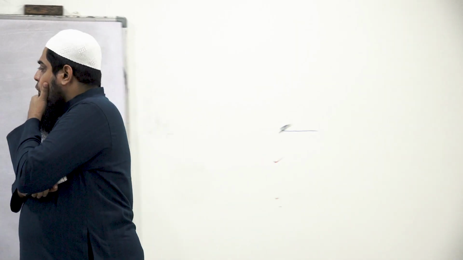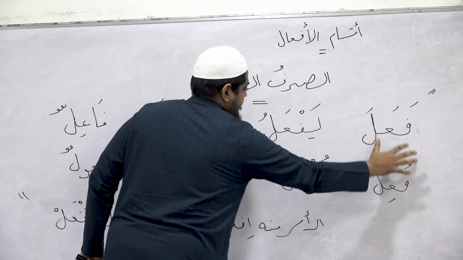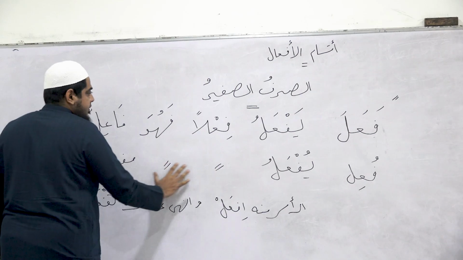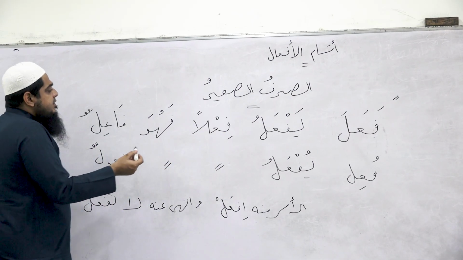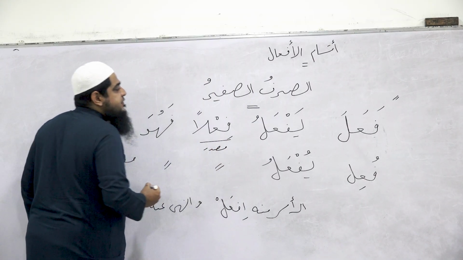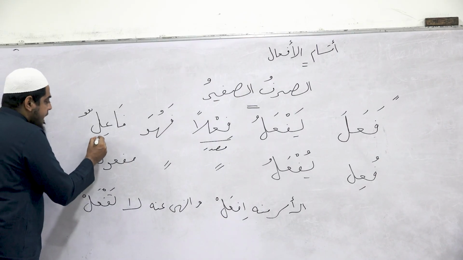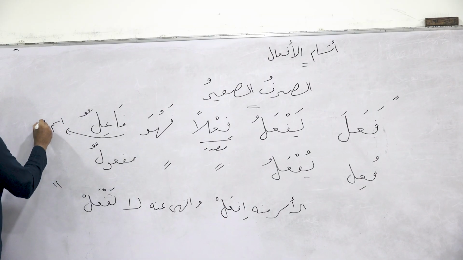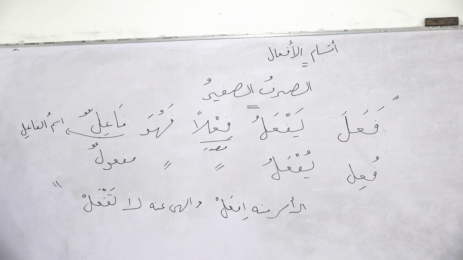Here, what are things we have learned? We have learned this part. These three are new for us. This is called masdar. What's that? Masdar. And this is called ismul fa'il.